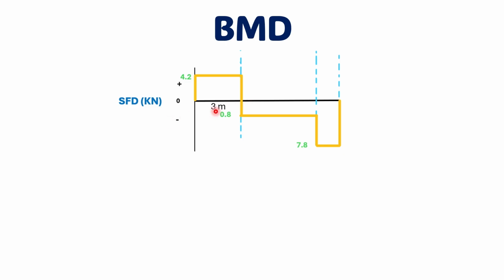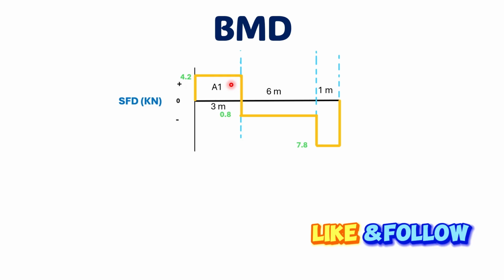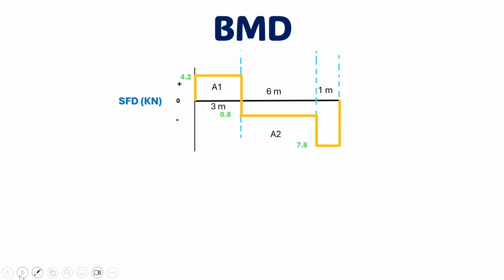We have these distances as mentioned in the question, 6 meters and 1 meter. Now we need to find this area and this area, which are rectangles. They can be easily found as base times height.